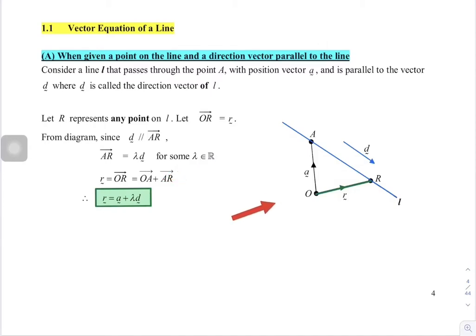Thus, by using the triangle law of vector addition, the vector r equals the vector a plus the vector AR, as you see here. Since we have already written that the vector AR equals a scalar multiple of the vector d, the position vector of the point R which lies on this line can be written in this form.